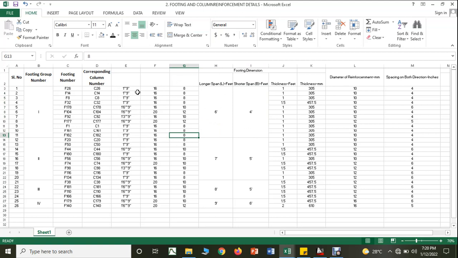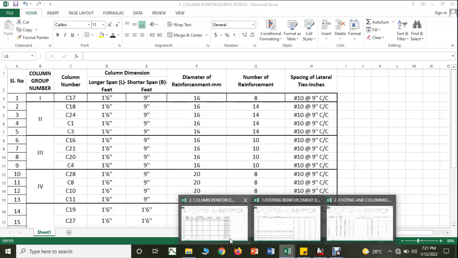So what I can do, I can give the longer dimension of the column. Okay, so longer dimension of the column. Yes, I can merge and I can write. This same thing I can copy here.